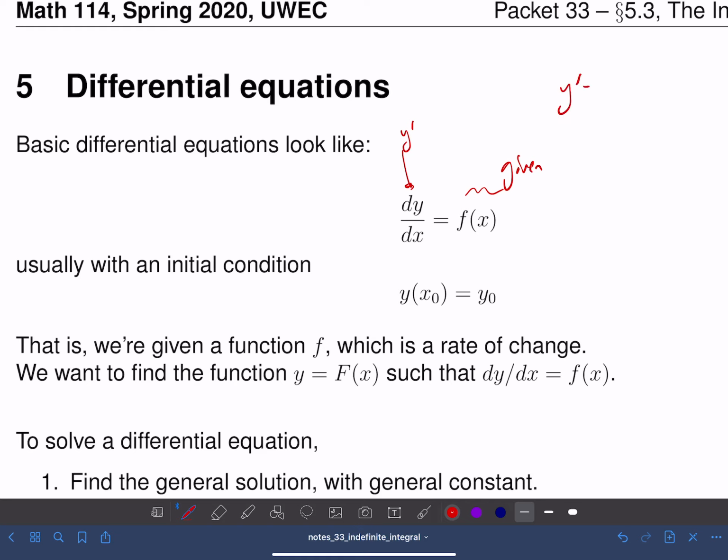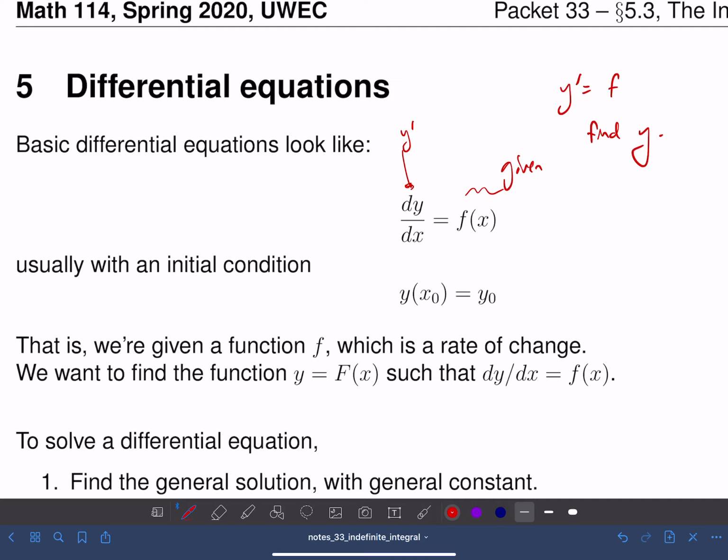So y prime equals f, find y. We're going to give you the rate of change for y, and now we want to undo that differentiation. We want to solve that differential equation and get the original function. What would y have to be such that dy dx equals f of x?